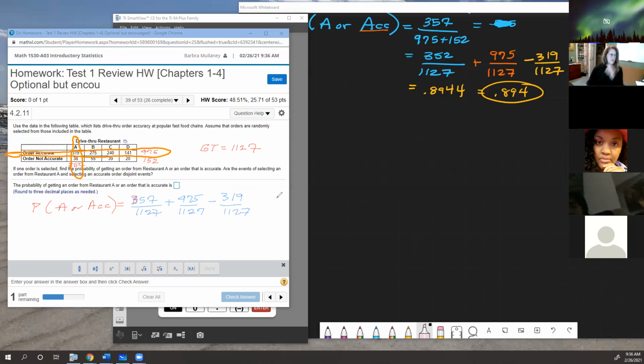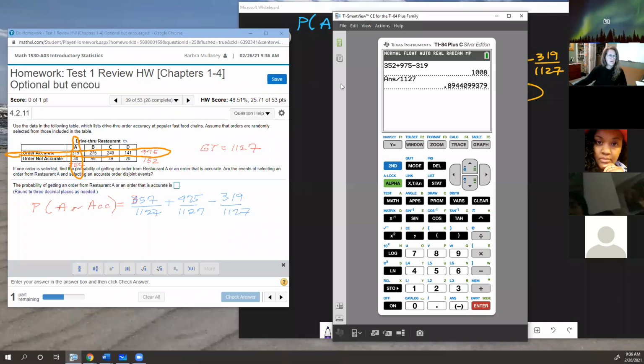Yeah. Okay, I think I must have put it in my calculator differently. So what did you all get when you added up the numerator and divided by 1127? I got 0.8988. I see what I did wrong. It's 357.